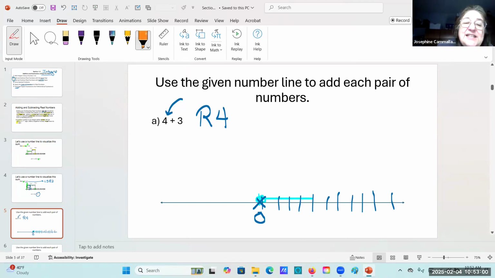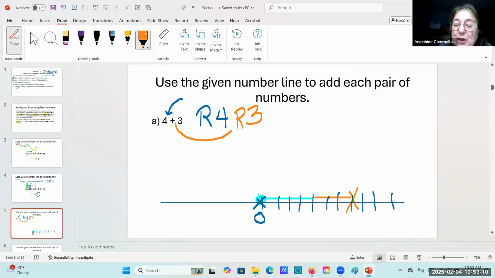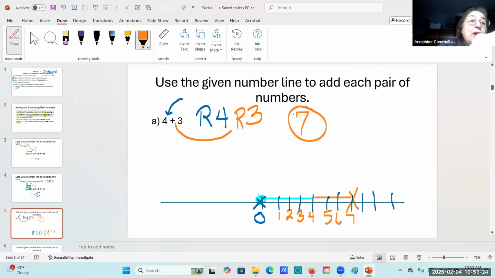But then this number means continue right 3 more. 1, 2, 3. This is where I stopped. 1, 2, 3, 4, 5, 6, 7. My answer is a +7. But notice, do I write that little plus in front of the 7? No, because any number without a sign is positive. Okay?